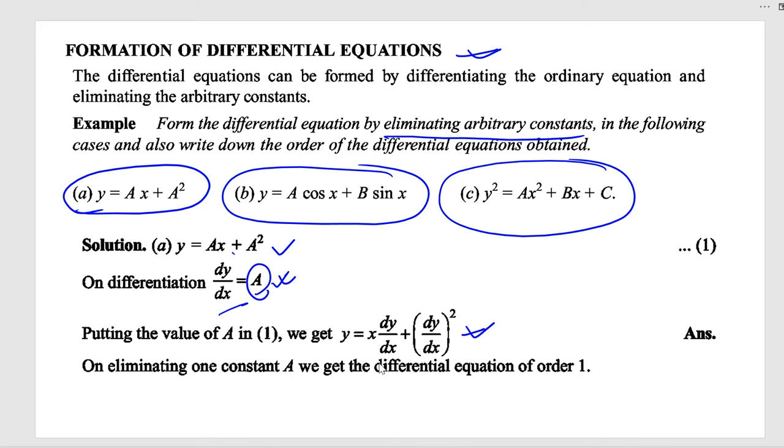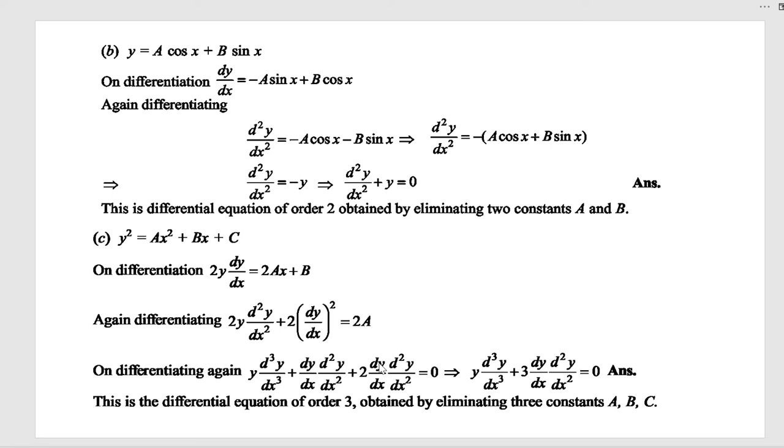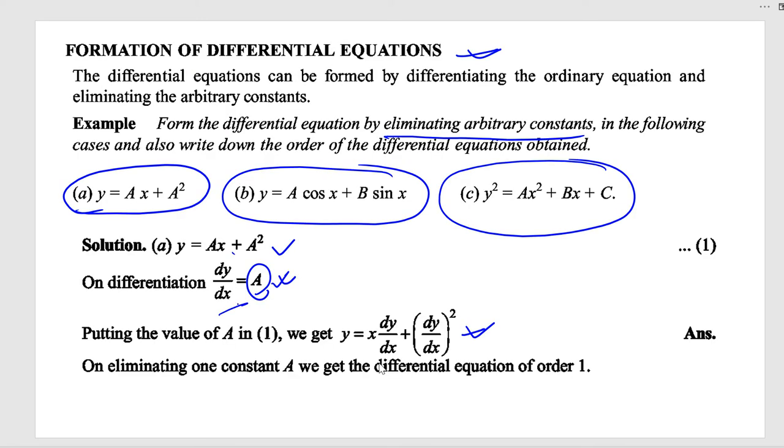So that is one observation: if we have two arbitrary constants, then we need to go for second order derivatives. Earlier we saw that only the first order derivative is sufficient to eliminate the arbitrary constant a.